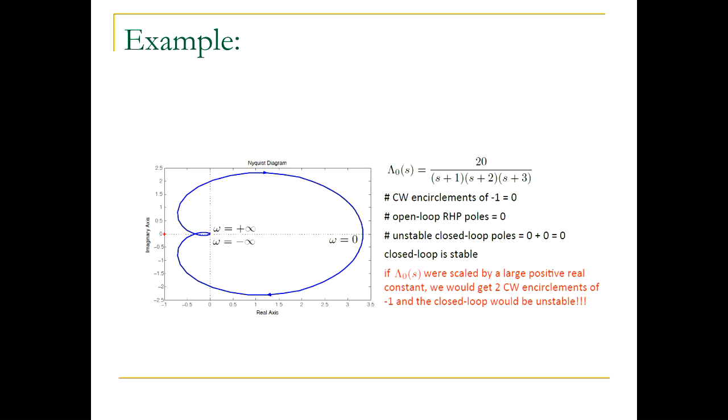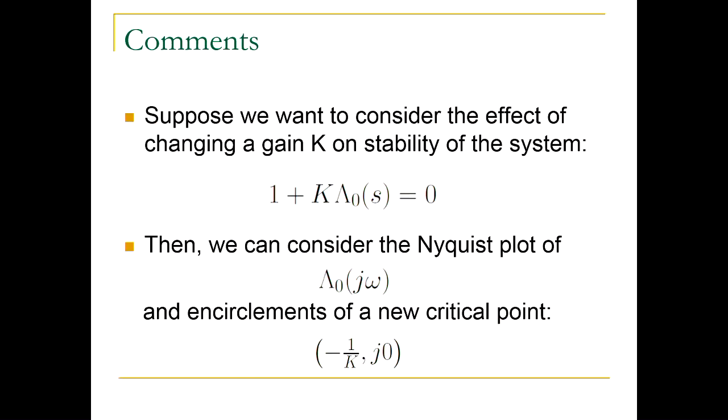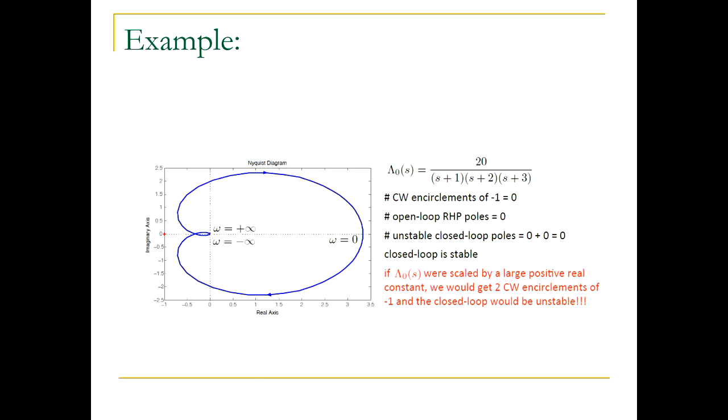What would be this situation in the root locus case? Let's go back to root locus now. Root locus exactly considers this situation, where lambda 0 is my transfer function in the root locus. What are the poles and zeros of the transfer function? Well, there are no zeros. There are 3 poles, all stable. When you think about what the asymptotes are doing, there are 3 asymptotes, and 2 would end up in the right half plane. For high gain, from root locus, you can figure out that this will become unstable.